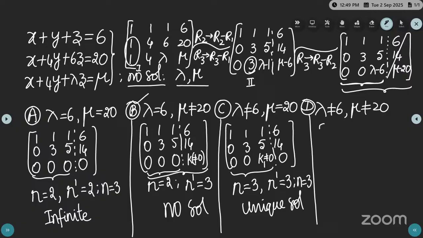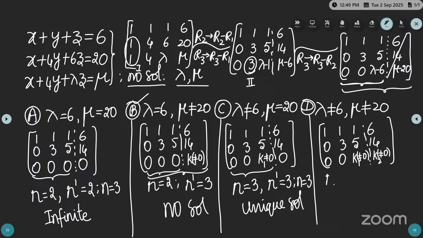Here also 1, 1, 1, 6; 0, 3, 5, 14; 0, 0, some k1 not equal to 0, some k2 not equal to 0. Here also rank of coefficient is 3, augmented is 3, number of unknowns 3. So unique solution.